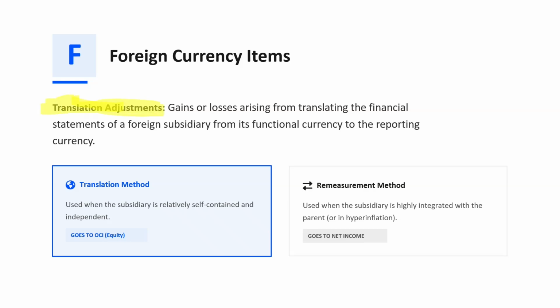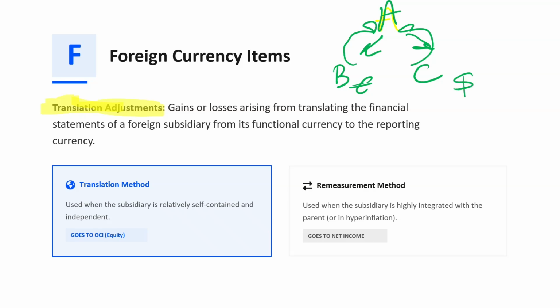Let's say we have a company A, and this company A operates in country B and country C, and in the end, they have their sales and losses, then it goes back to the main company's financial statements, but maybe company B is in the Eurozone, maybe company C is in Australian dollar. So those changes are called translation adjustments, and those ones are reported in other comprehensive income.